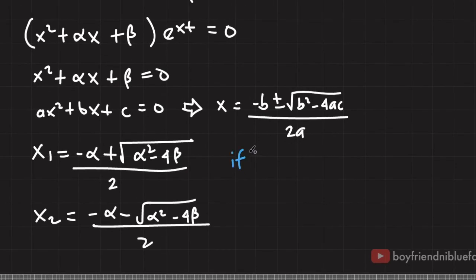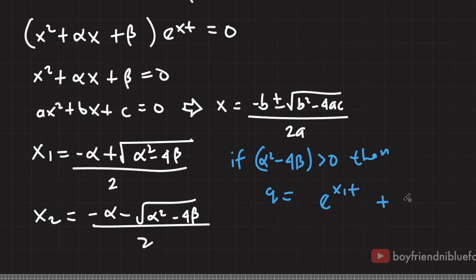If alpha squared minus 4 beta, meaning the term inside the square root sign, is greater than 0, then we have a real solution, and the solution consists of exponential functions with the roots given by these two roots, plus some constant if we have initial boundary conditions or initial values.